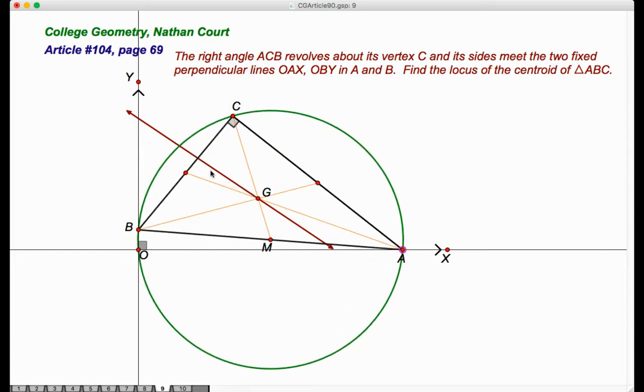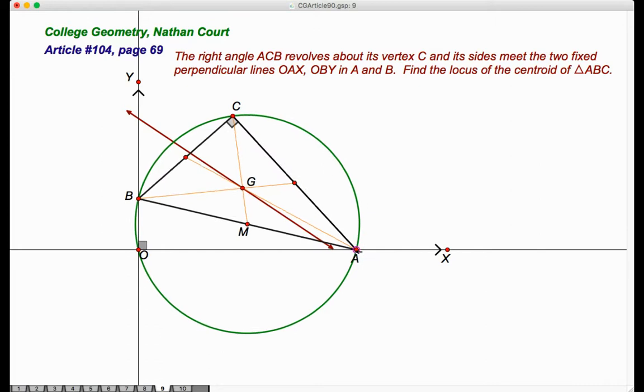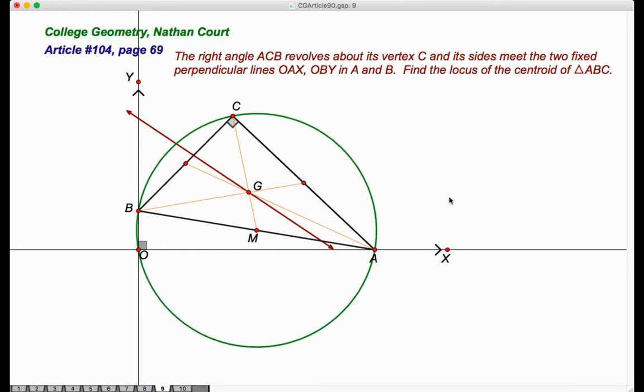Okay? So, let's consider the midpoint, the locus of M. Oh, by the way, the locus of M as A moves also, and construct that locus.